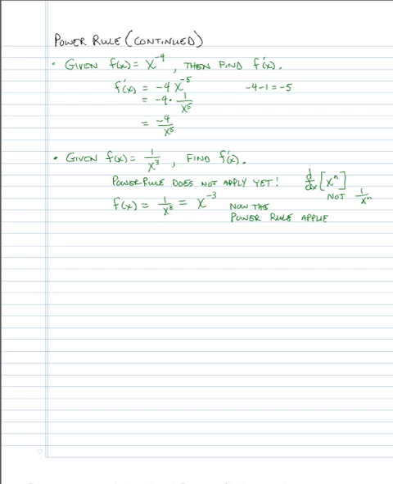So at this stage, after we rewrite, after we do this algebra, we'll be able to find the derivative like we did above. We'll bring the negative 3 down. We'll say negative 3 times x to a new power. Well, the new power is negative 3 subtract 1, which is a power of negative 4. So we would get a negative 4 power there.